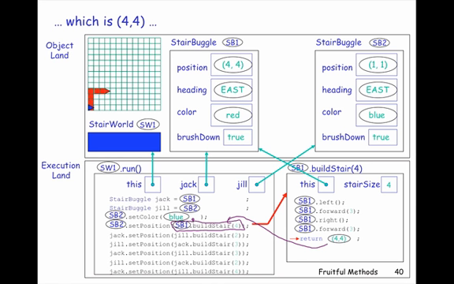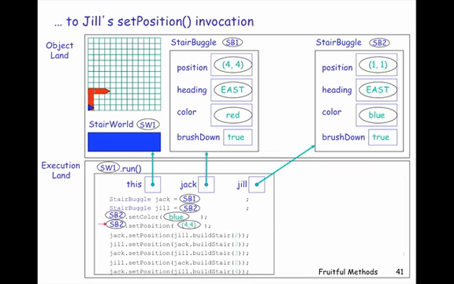So again, think of the build stair invocation over here as being a catcher that's waiting for a value, and think of return as being the pitcher that's pitching the value back to the catcher that's waiting for it. So that is how the return is accomplished. And so when the return is performed, the entire fruitful method invocation is replaced by the location 44.